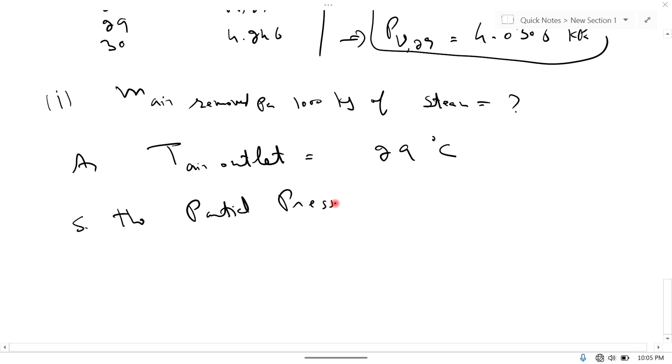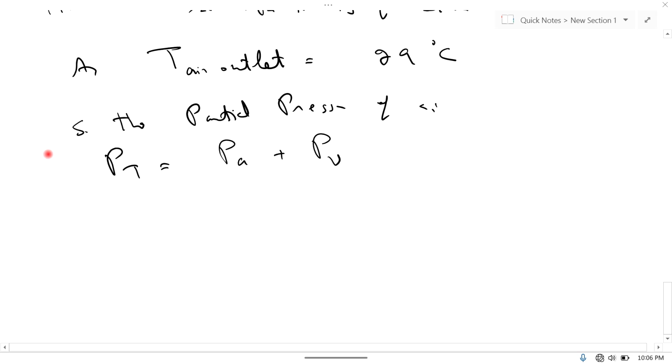we know that total pressure is equal to partial pressure of air plus partial pressure of vapor. So partial pressure of air is equal to total pressure minus partial pressure of vapor.